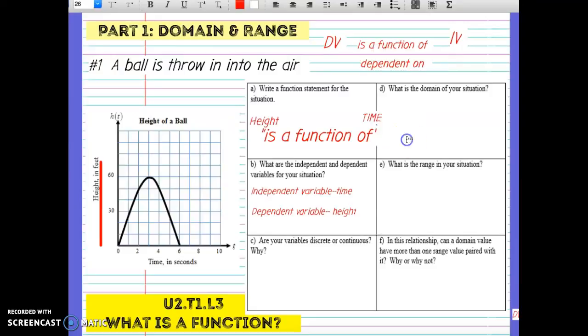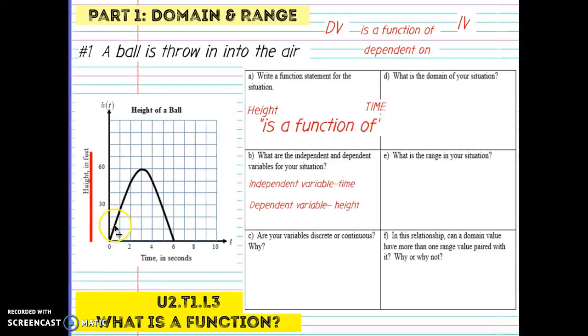All right. So now, just looking at the graph, we can determine if our variables are discrete or continuous. So I notice that there are no breaks in this graph, right? I also notice that we're measuring in time, or we're using time as our measurement.